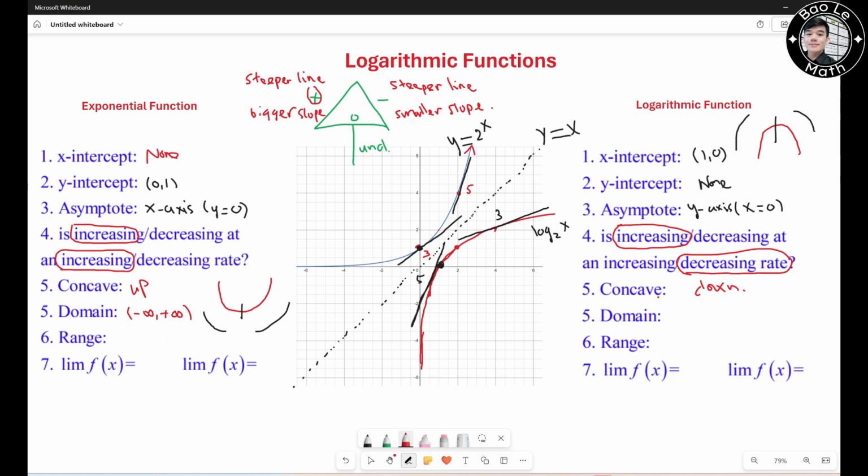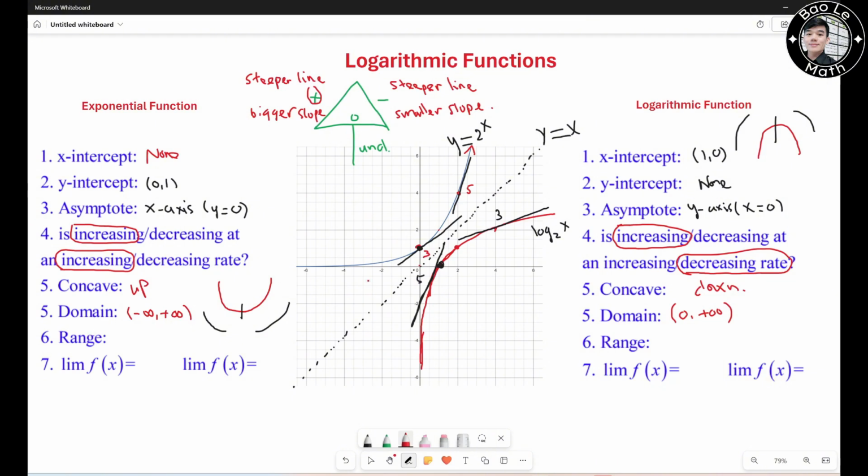For the domain of this one, you see that the asymptote of the logarithmic function is x equal to 0 on the y-axis. So the function starts from 0 all the way to the right, and the graph never crosses the y-axis. So the domain should be 0 to infinity, and you don't take 0, because x equal to 0 is the vertical asymptote.